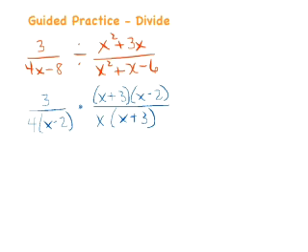Okay, and so now, because it's multiplication, I can just cancel the common factors. So x plus 3's can cancel, x minus 2's can cancel, and what I have left then for my answer is 3 over 4x.